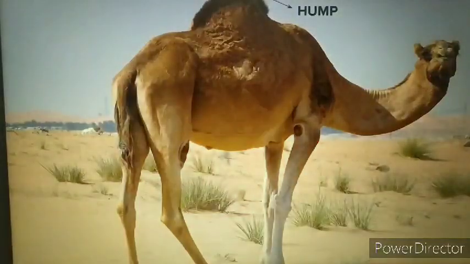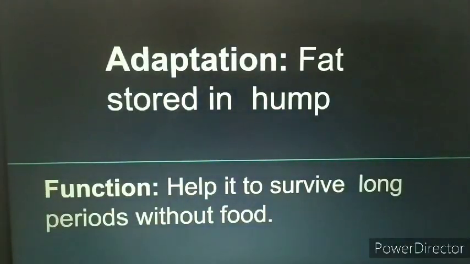Then another adaptation found in the camel is its hump. It is found on the upper part of its body. As you can see here in the module, there is a hump present. This is an adaptation. Fat is stored in the hump. And what is the function of this hump?